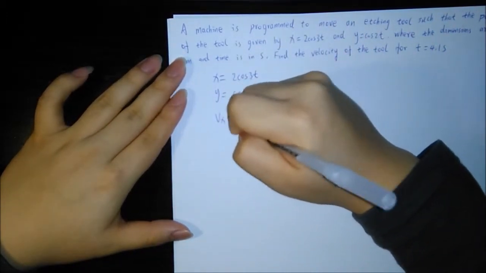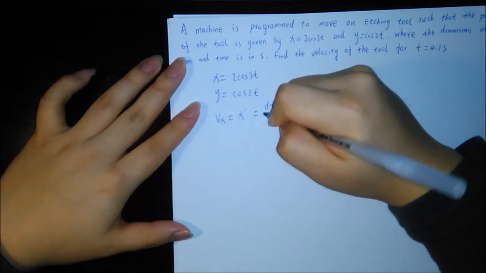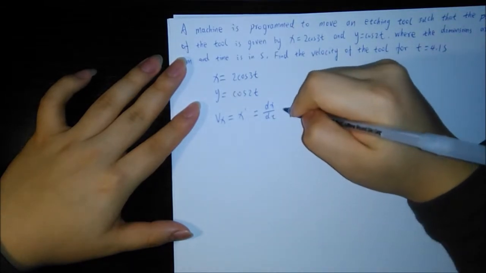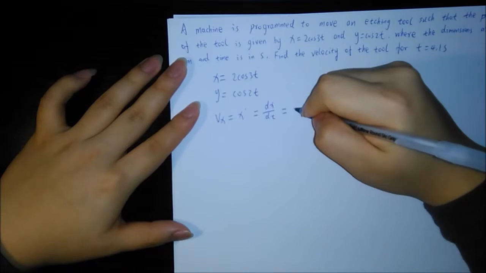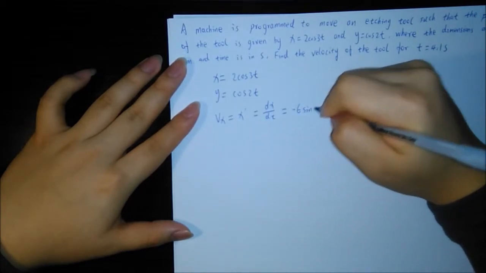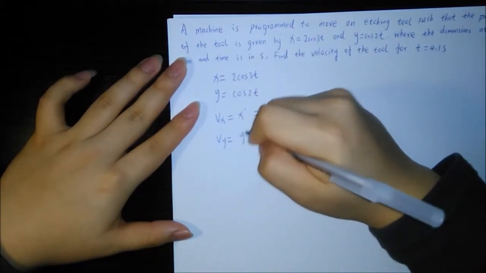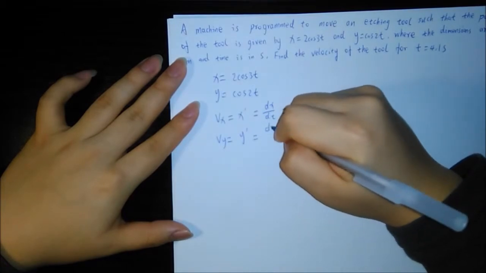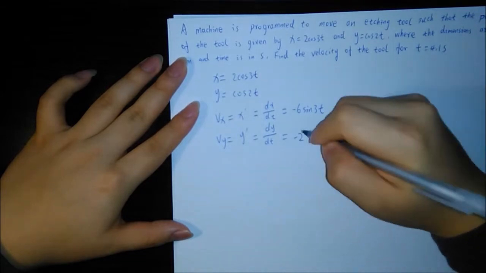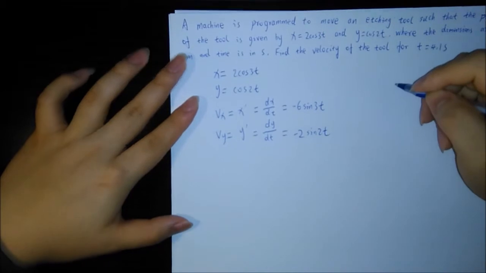So Vx is equal to the derivative of x, and Vy is equal to the derivative of y, which is dy divided by dt, equal to negative 2 sine 2t.